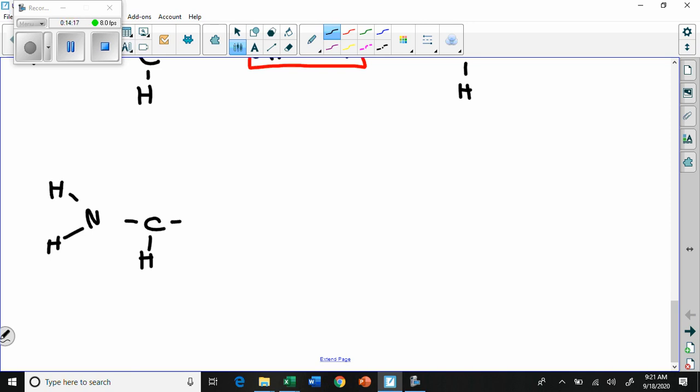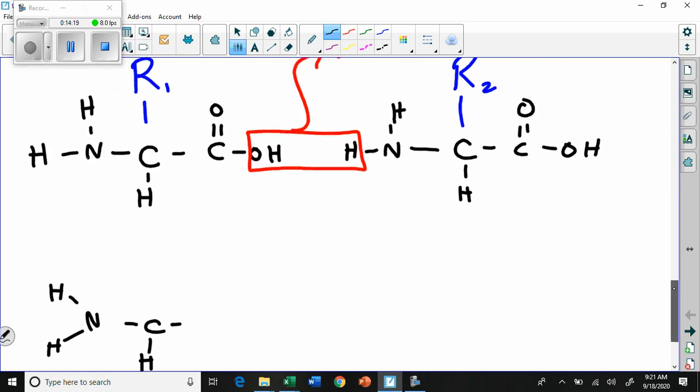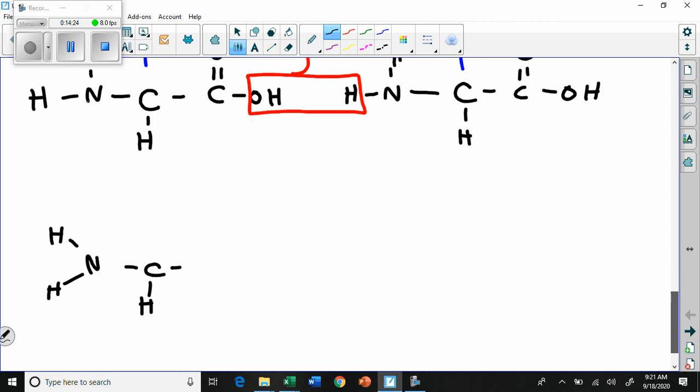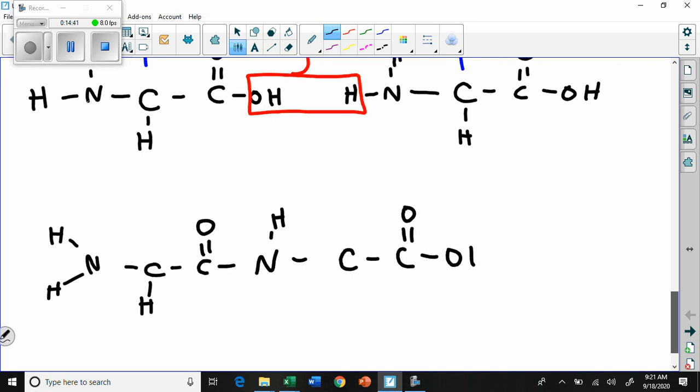You'll see that the C of the carboxylic acid group is still there, and the double bond O, that's not involved, but the OH is gone, and it's attached directly to the N of the other one. Its H is gone.